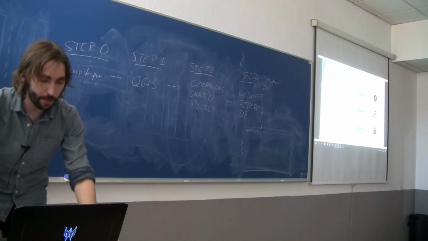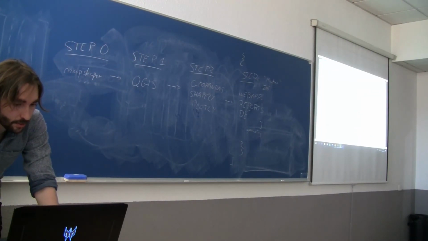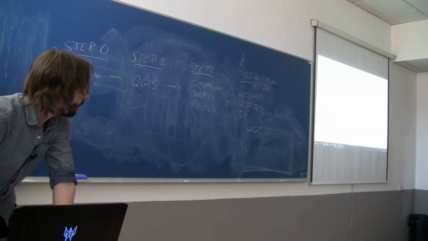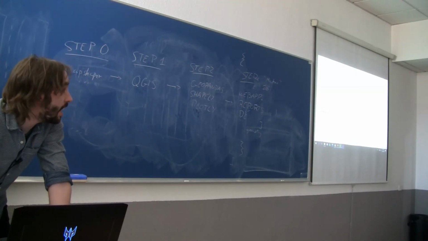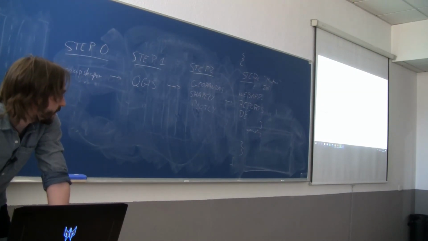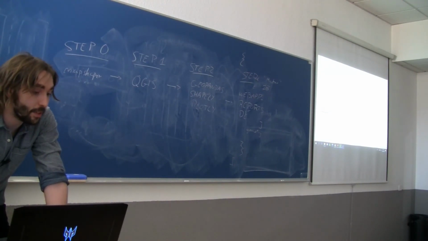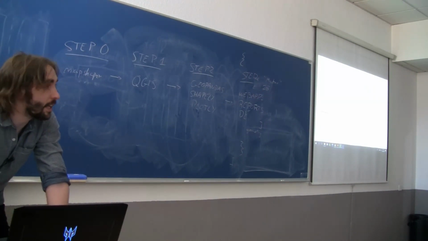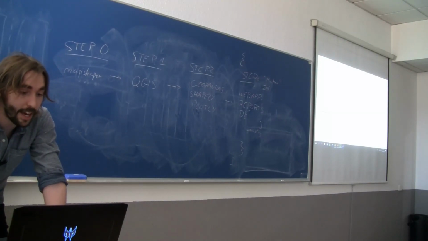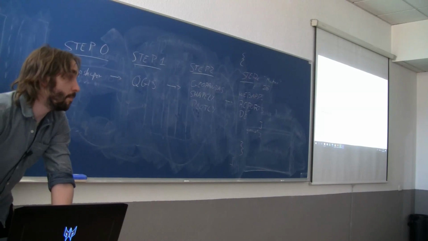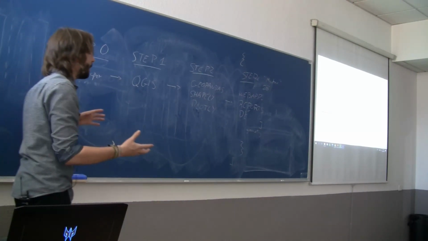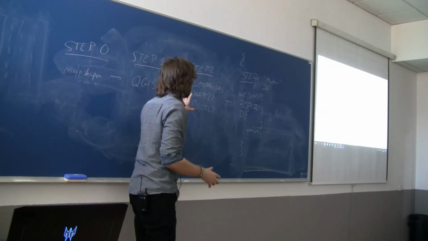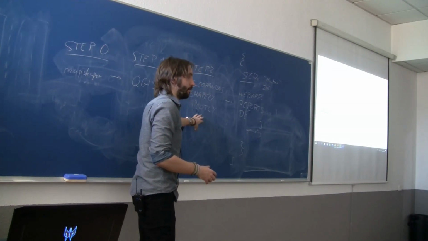QGIS is a desktop application, this one, in which we can work. This is a GIS, but it's a heavy one because I installed it, and in which we can take a look at the data, create lines, or add some more information to this map. But we would like to do this programmatically, coding.